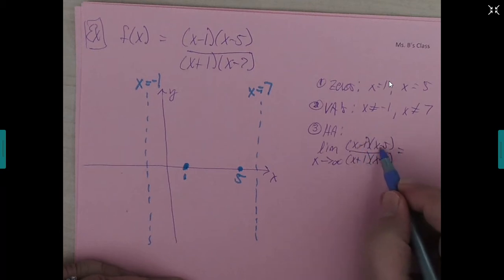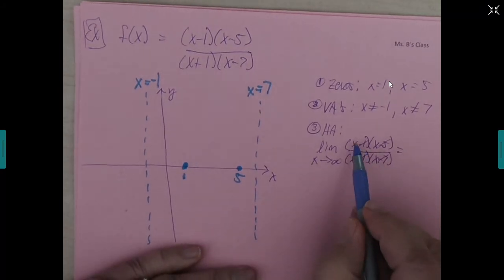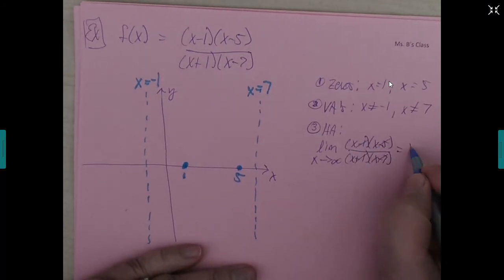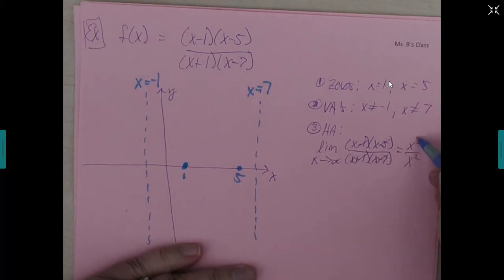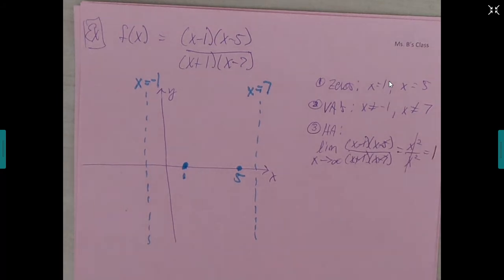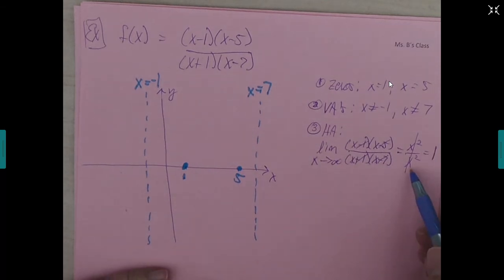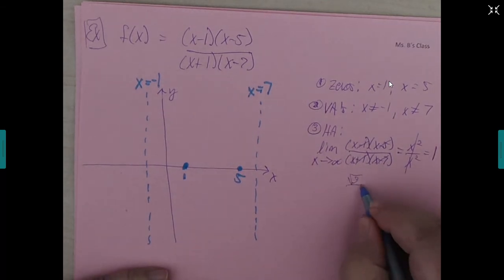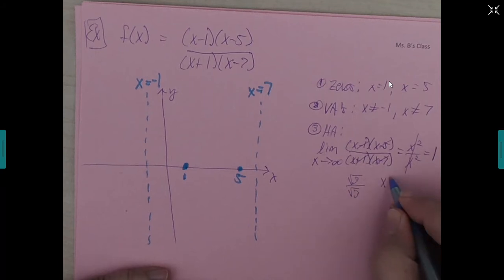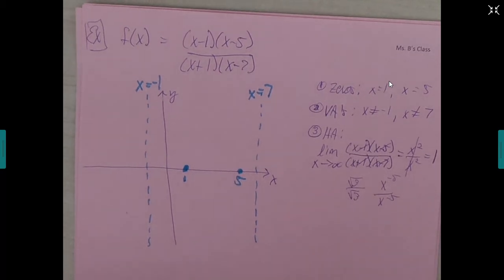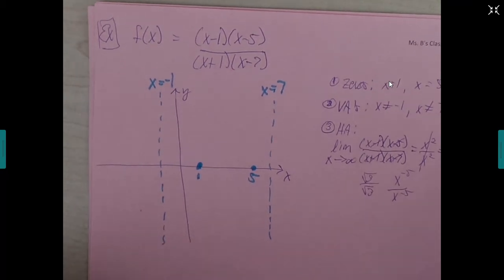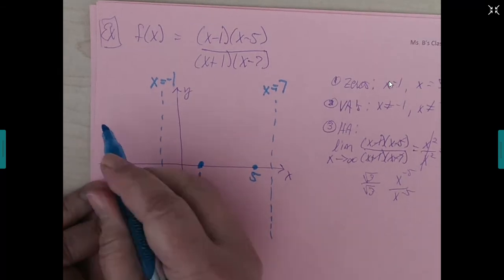So you could just get rid of all those tiny little adding and subtracting numbers, and you're going to end up with x times x, which is x squared, over x times x, which is x squared, divided by x squared. Anything divided by itself equals a 1. I don't care if it's root 3 over root 3 or x to the -5 over x to the -5. Anything divided by itself equals 1. So yes, there is a horizontal asymptote at y equals 1.